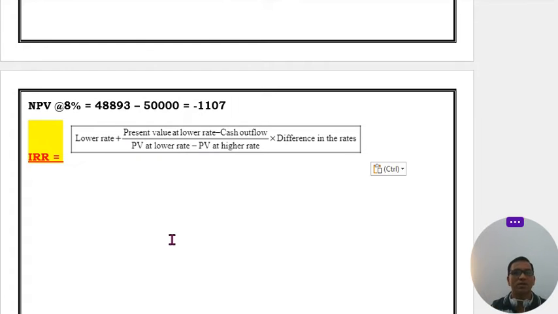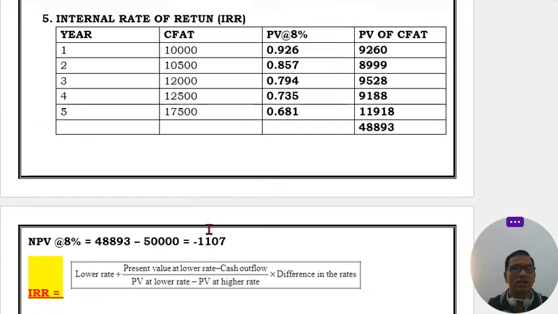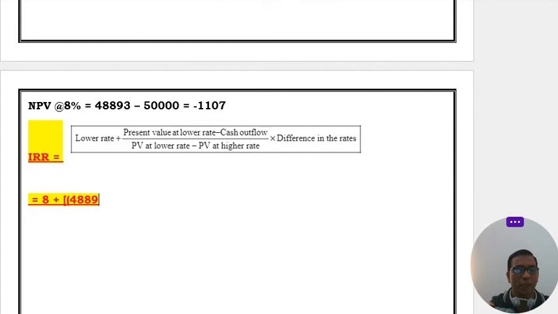IRR formula: lower rate, 8%, plus brackets: present value at lower rate, 48,893, minus cash outflow 50,000, divided by PV at lower rate, 48,893, minus PV at higher rate.